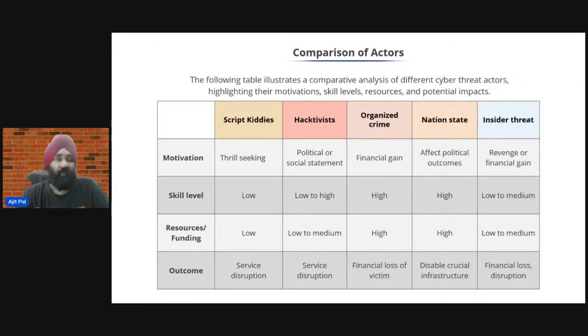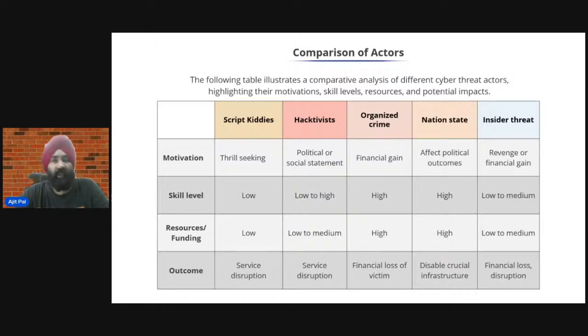Like the hackers who attacked Visa, Mastercard, their skill level was very high. Low to medium funding, and they also want to cause service disruption or just send a message. Then organized crime: financial gain, skill level high, and the outcome is financial loss of the victim.